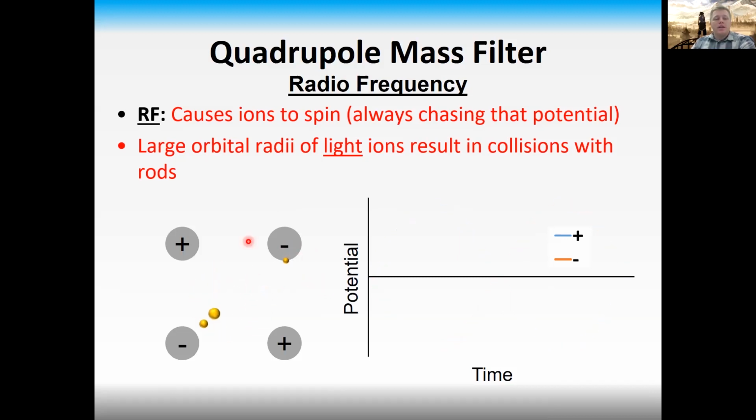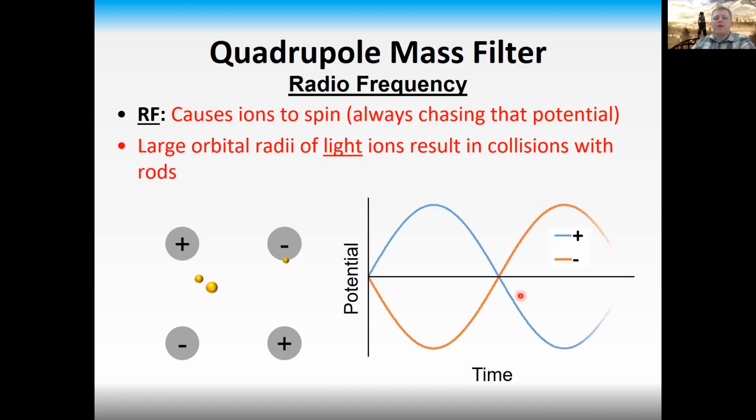Woo-hoo. All right, so the RF frequency, or the RF potential, destabilizes light ions. All of these ions are traveling straight through these poles towards the detector, and they're trying to get there really fast. So what we're seeing is kind of a snapshot in space as they're moving towards the detector.